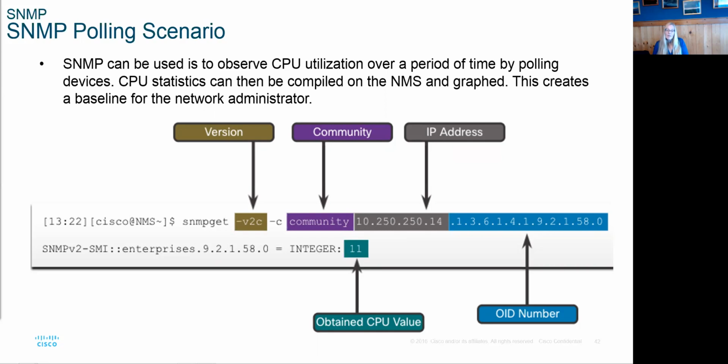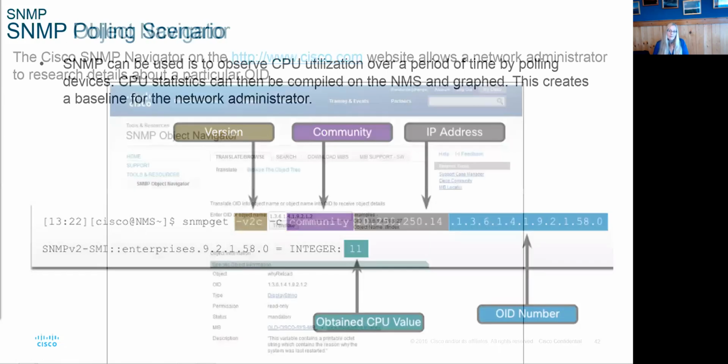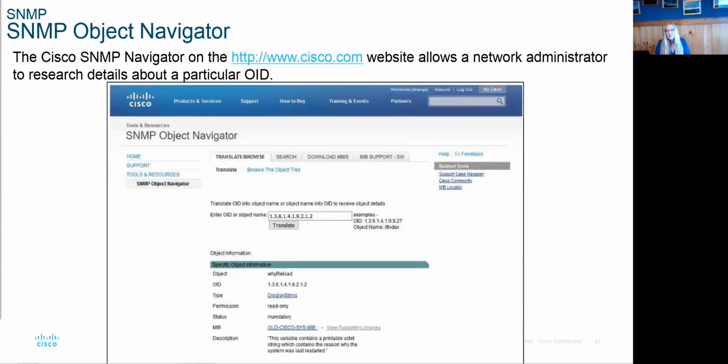So depending upon what network management system you're using will give you more or less features, but they will all be going by pretty much the same standard language, for lack of a better term.